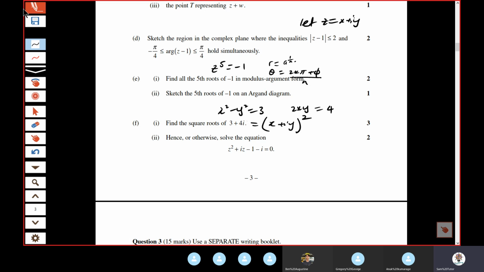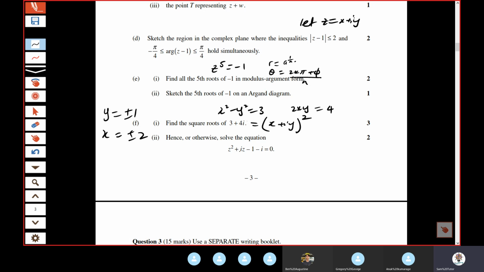For those who are trying it? Yeah, y equals plus minus 1, x equals plus minus 2.